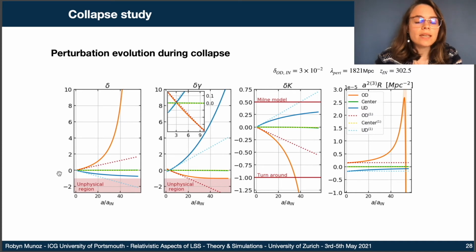And we see that the overdensity quickly departs from linearity. So there's a separation between the full line here and the dotted line. As the overdensity collapses, the density contrast goes to infinity.